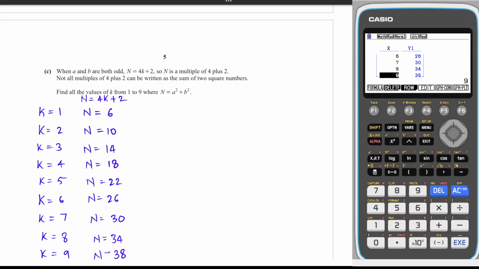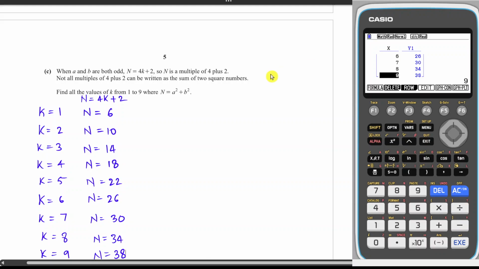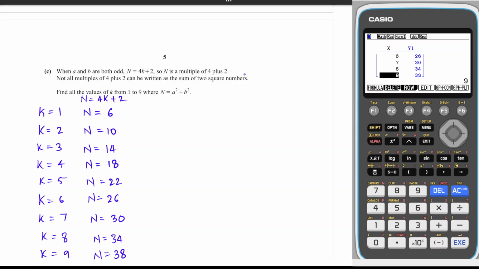Now, some of them will give me two numbers which add up to this particular value of n. Here, 6: it won't give 1 plus 5. What are my perfect squares here? I have my perfect squares 1, 4, 9, 16, 25.